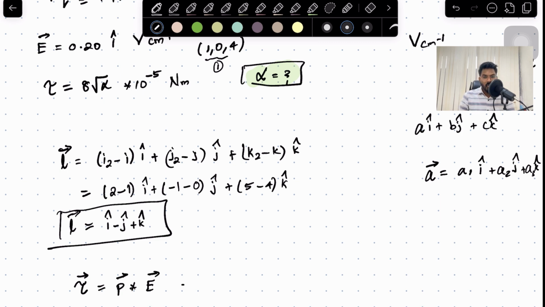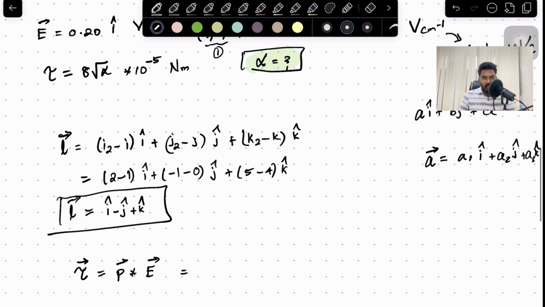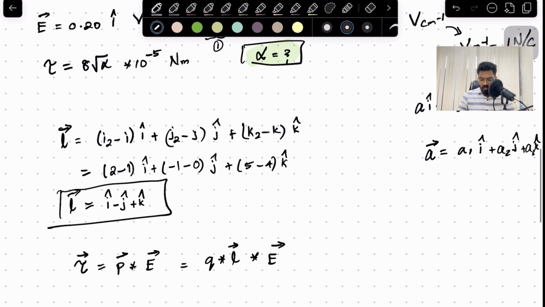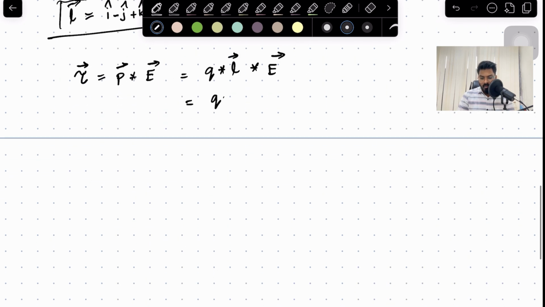This is what torque is. Now the moment is P vector. Now if I could split that, so charge multiplied by the length. Now charge, I will represent it as a scalar, and there is a vector quantity L vector multiplied by E vector, right? So which is Q into I cap minus J cap plus K cap.